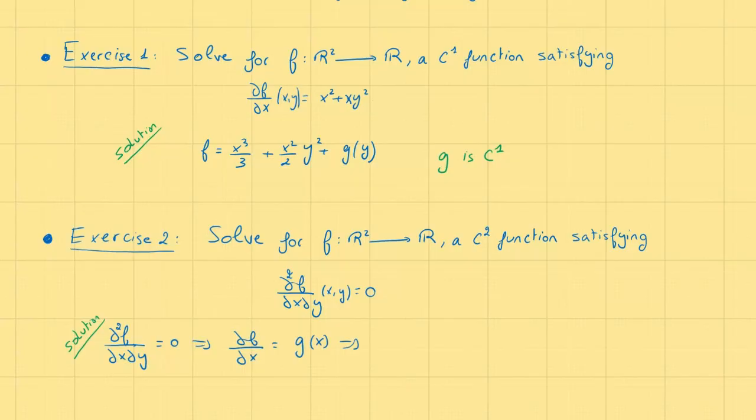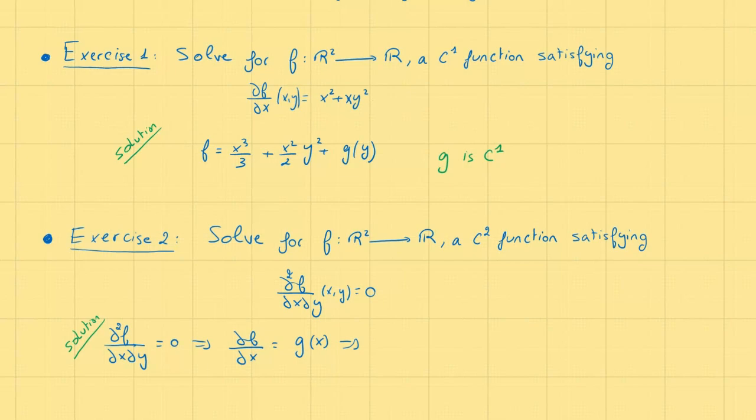So it means that we need a function f whose derivative with respect to x is equal to a function of x because we need the derivative of this function with respect to y to be 0. So this function will depend only on x. That's why we say that df over dx will be equal to some function g of x.